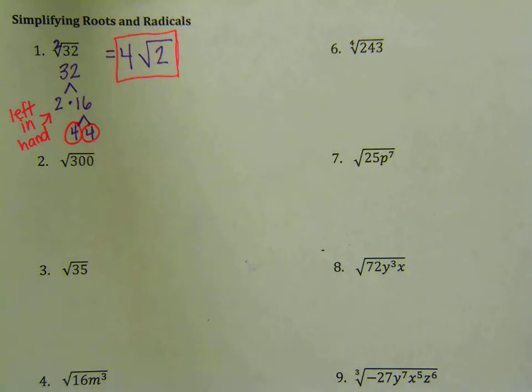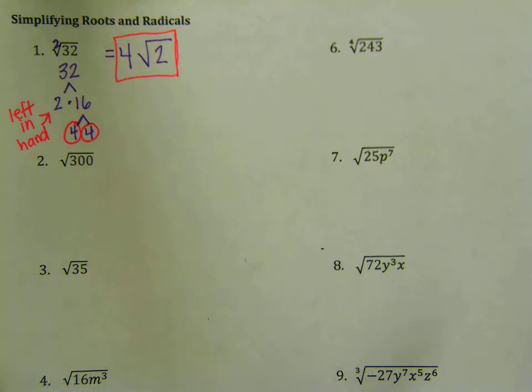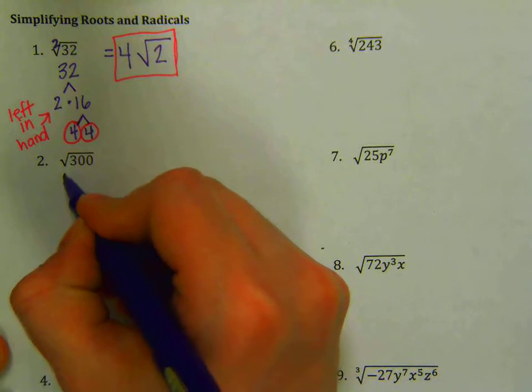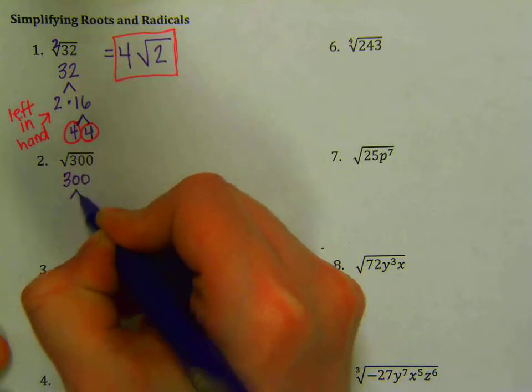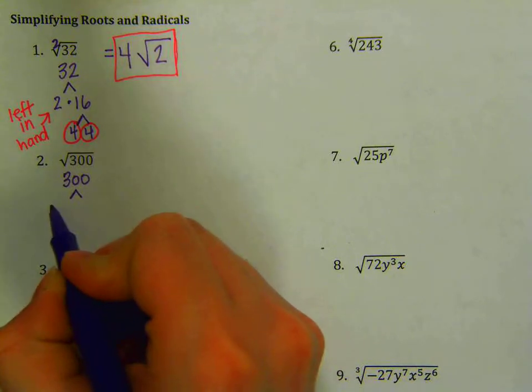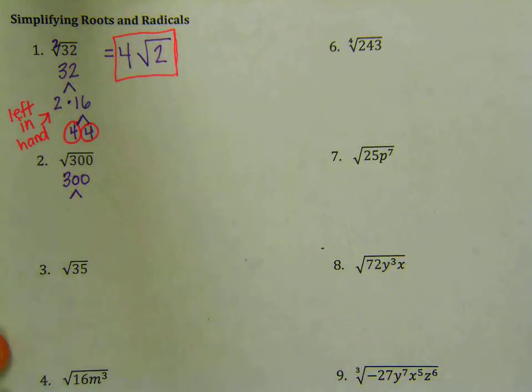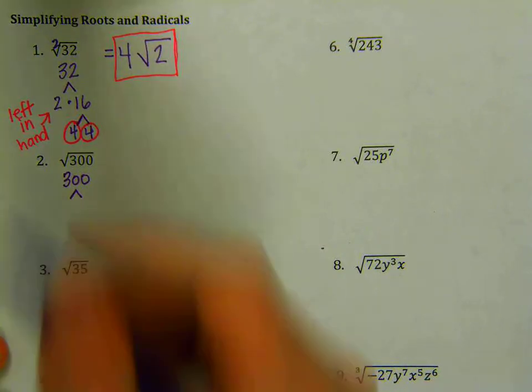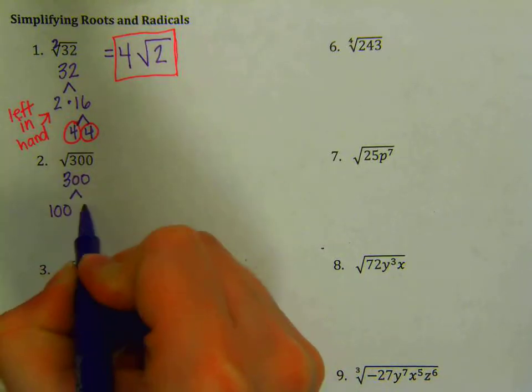We're doing the same process for all of these. You just need to figure out what the index is and split them up so that it works. So 300, what are 2 numbers to multiply to give me 300? I would do 150 and 2, but 150 would be a little harder to break down. 100 and 3. Does that work?